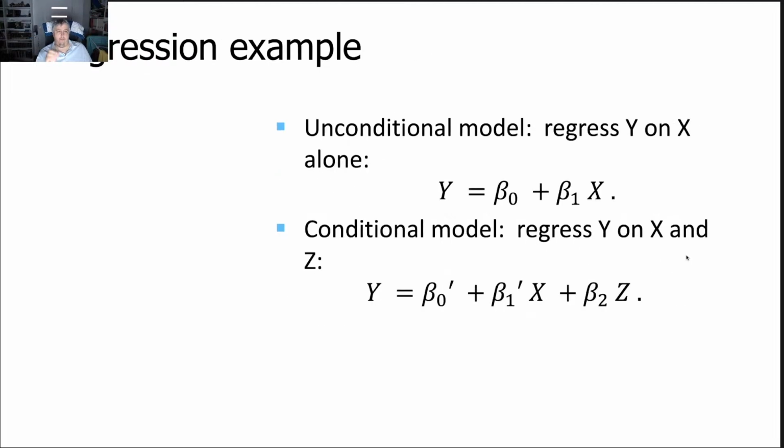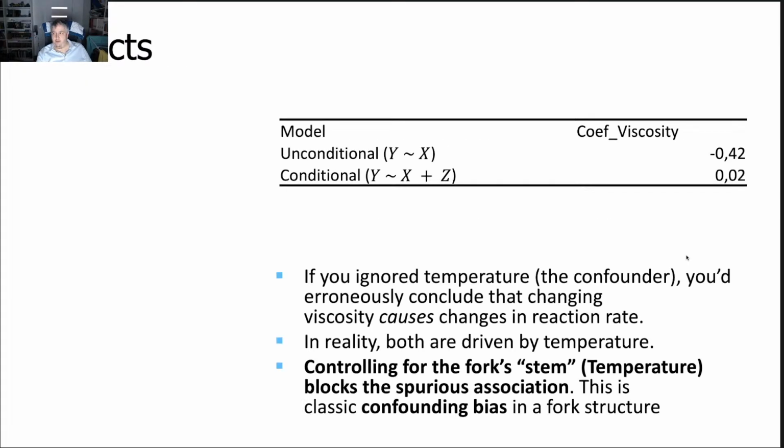And again, we will consider two examples. An unconditional model, which will regress y on x alone, and a conditional model, in which we will regress y on x and z. In this way, we can consider the relationship without observing or controlling for the confounder, and with the introduction of that additional information.